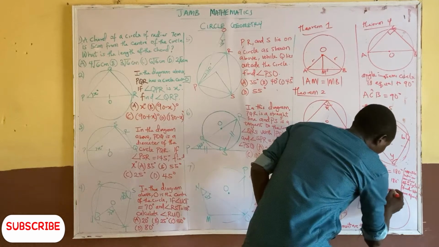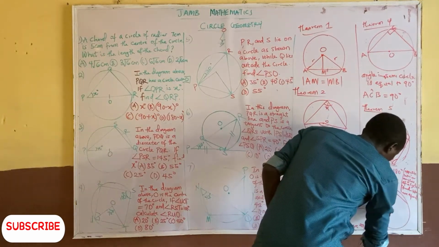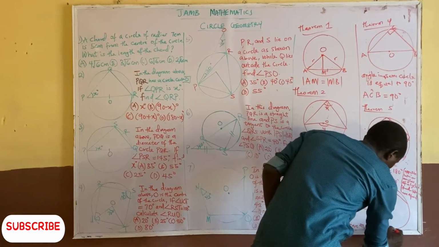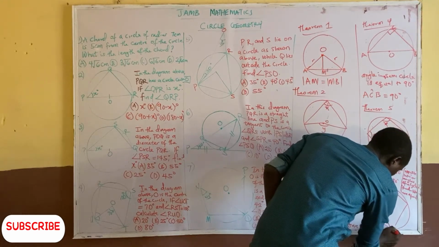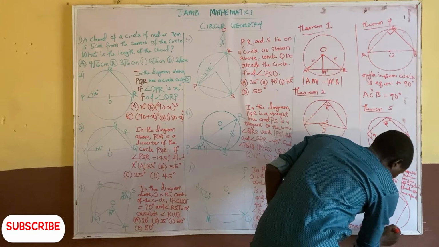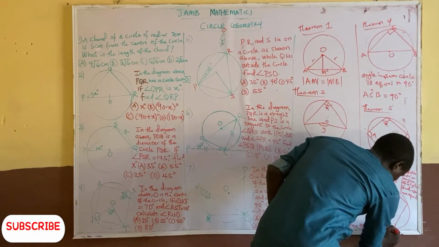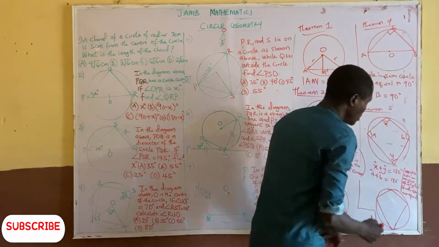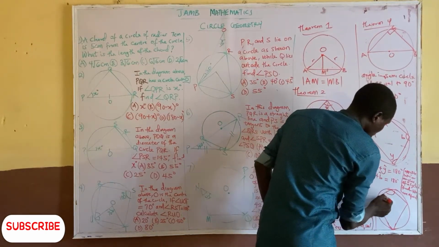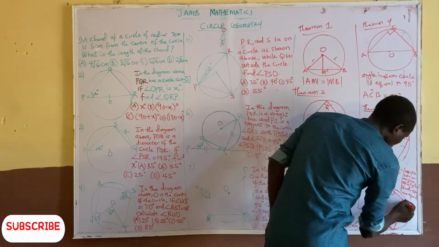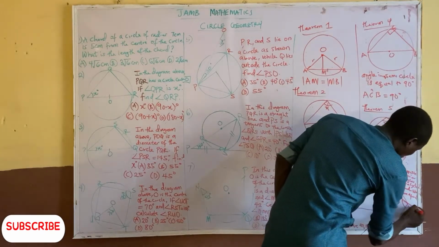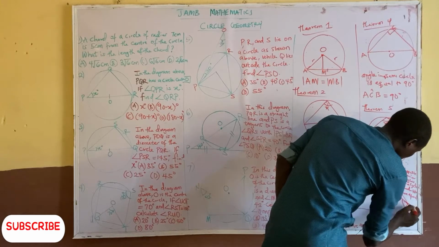Now when you have something like this, we ensure that all four vertices touch the circumference of the circle. So when you have something like this, look at this, the exterior angle of a cyclic quadrilateral, this is the exterior angle.